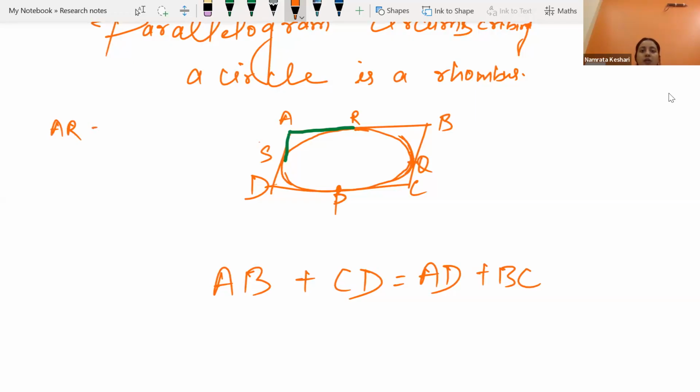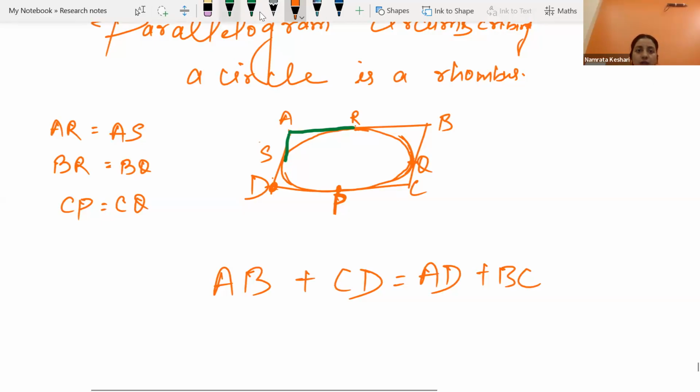From the external point A. Similarly from the external point B, BR and BQ will be the same length. Similarly from the external point C, the lengths of the tangent, CQ and CP, so CP is equal to CQ. Similarly from the external point D, the length of the tangent, DP and DS, will be equal, right? I'm talking about these two lengths.